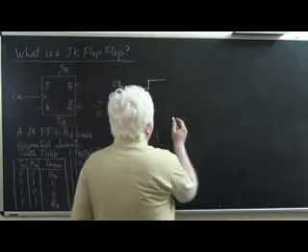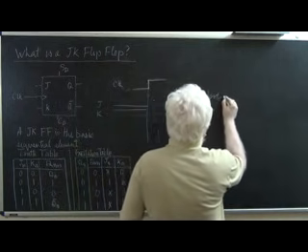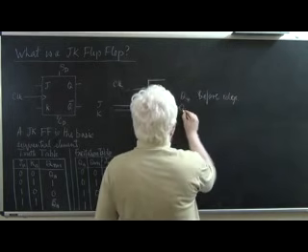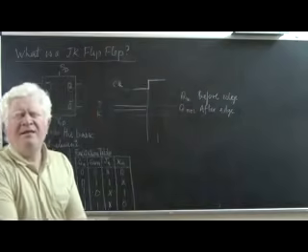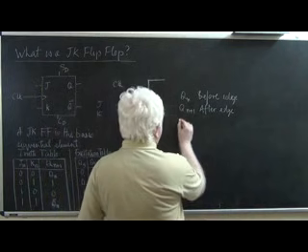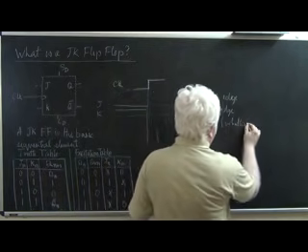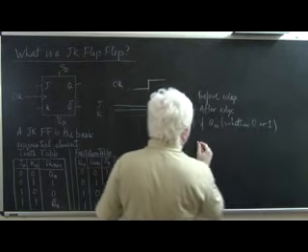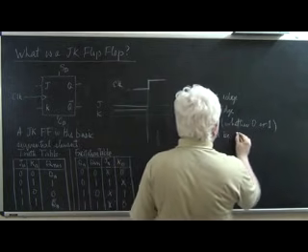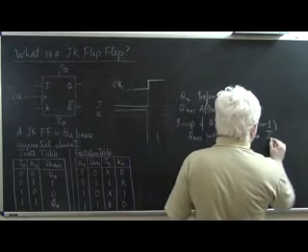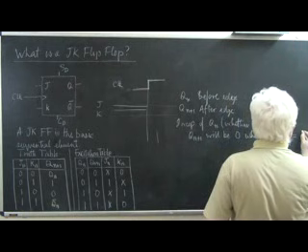That is, if Qn determines the before value, before edge, and Qn plus 1 is the after edge value, then it says that irrespective of Qn, that is to say whether 0 or 1, Qn plus 1 will be 0 when Jn, Kn are equal to 0, 1.